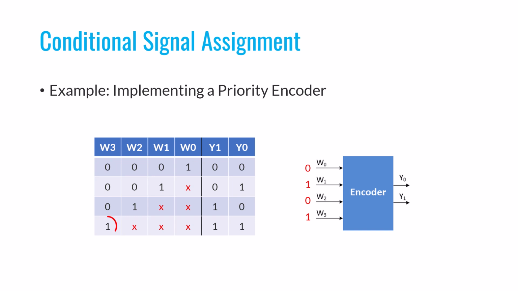If W3 equals 1, the output is 3 regardless of the other inputs. Similarly for W2, if W3 is 0 and W2 equals 1, the output is determined based on W2, and the lower priority inputs are ignored.